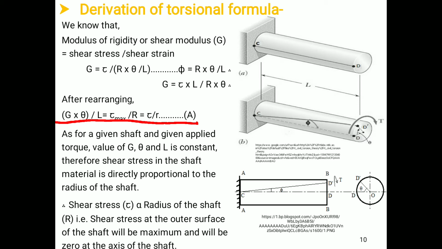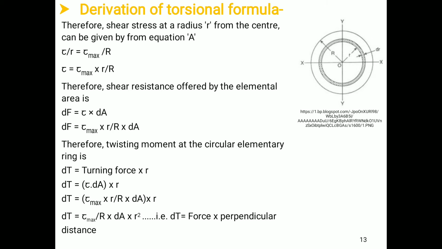So from equation A we have tau upon small r equal to tau maximum upon capital R, because at the extreme fiber when r is equal to capital R, we have maximum shear stress, and in the middle we have small r which has some value of shear stress. Therefore tau upon r is equal to tau max upon R. This is the equation we have obtained from equation A.